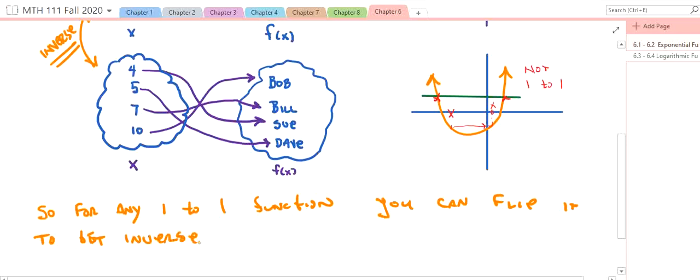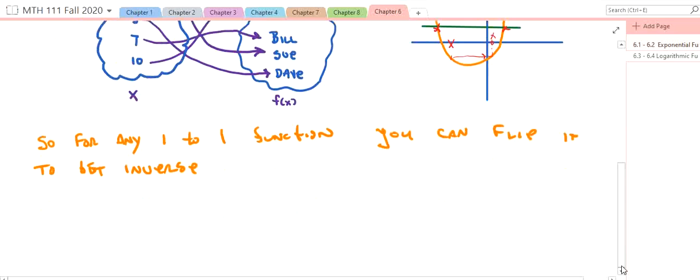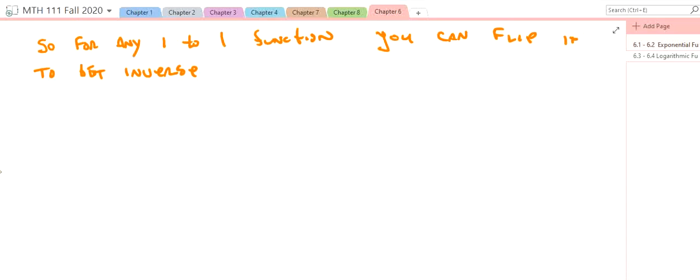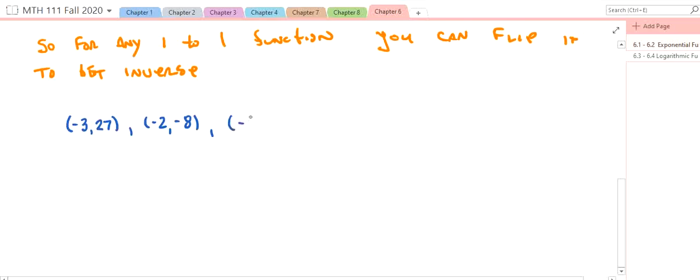All right? So this works for our sets up above, but this also works for point pairs. Suppose you had -3, 27, -2, -8, -1, 1. So these are point pairs.